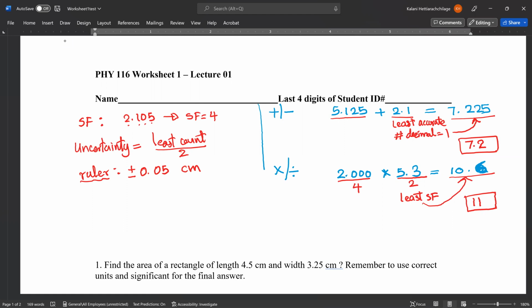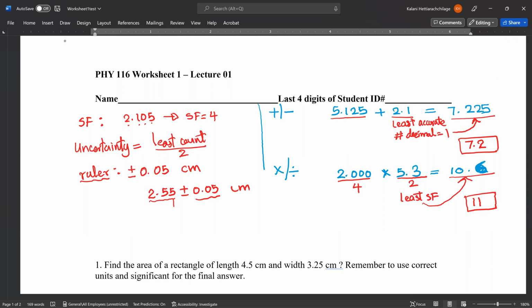That's basically the estimation of the ruler that you're going to read. Because of this, your ruler answer should be, say, 2.55 plus or minus 0.05 centimeters. Now this is your uncertainty. Uncertainty should always be this number for the ruler, and this is your measurement. The measurement should have 2 decimal places.